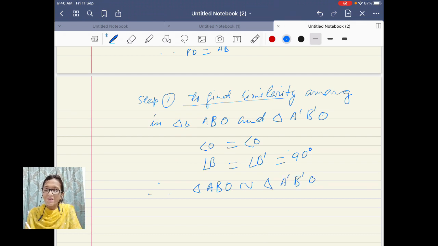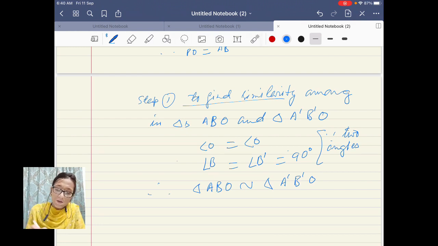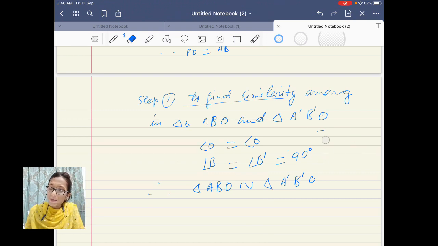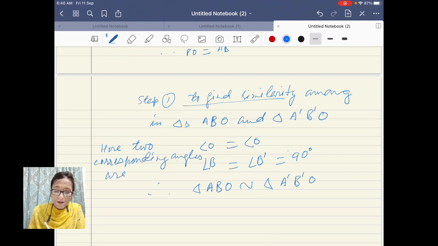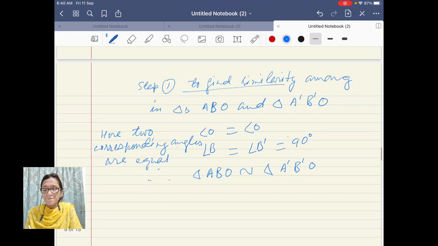Here I should write that since two corresponding angles are equal, therefore the triangles are similar. Okay, let me write on this side, here I do not have space for writing this.